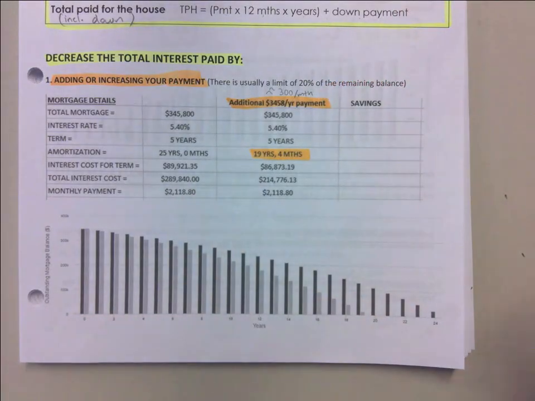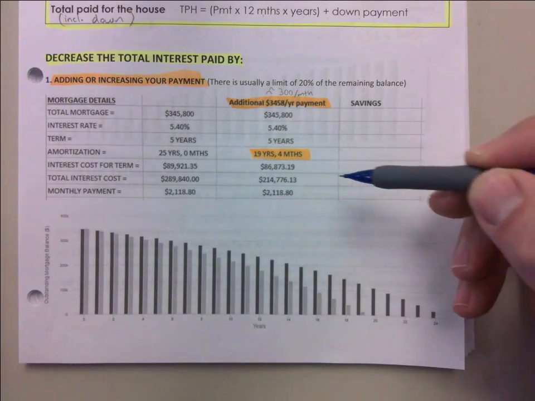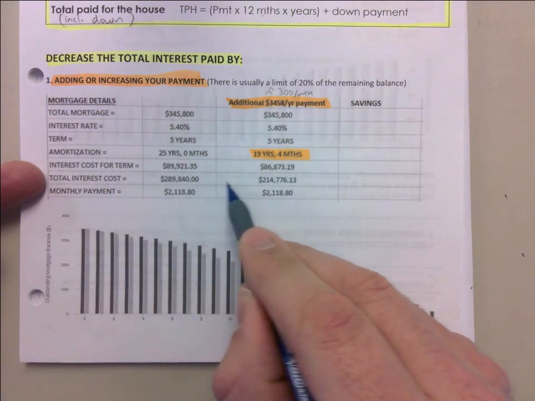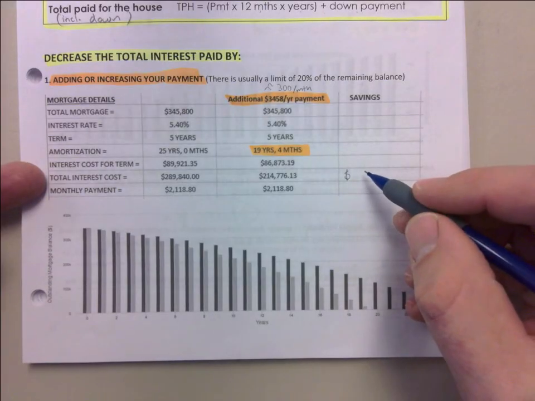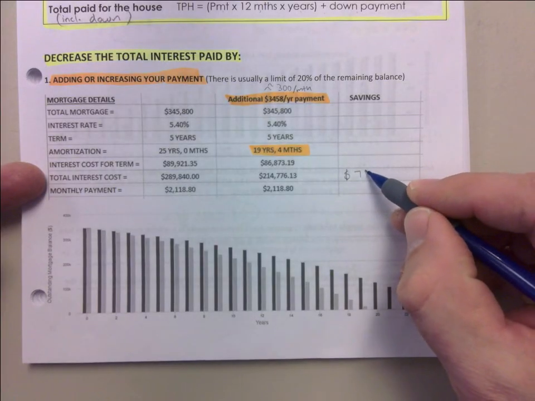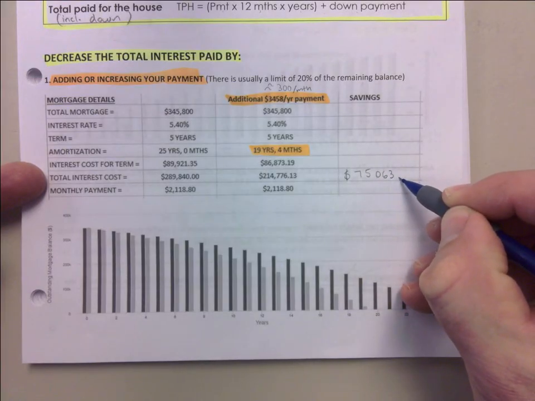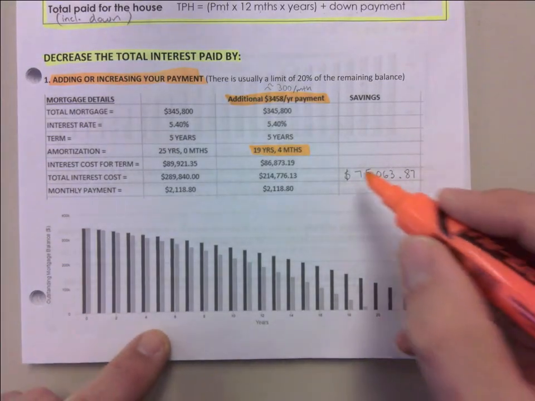Okay? So the savings, watch, this is the line that I really want you to look at. The total interest cost right here. The savings you would incur, this is money that stays in your pocket, would be $70,063.87. Can you imagine that?